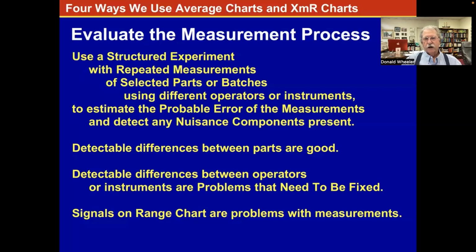Detectable differences between operators or instruments are problems that need to be fixed. Also, signals on the range chart are problems with the measurement system. So, same technique, but the way we interpret our results is changing. Here we're going to have good signals and bad signals to deal with.